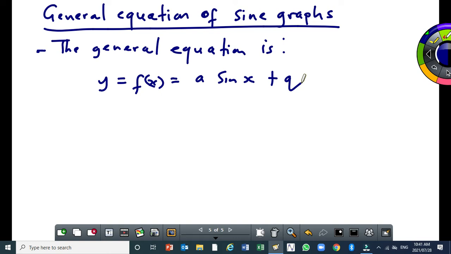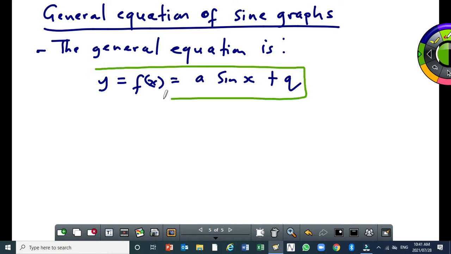Always remember that y is equivalent to f of x. They are the same. It's only that f of x is a new type of notation which we're not used to in the past, called function notation. That notation is the most common one used in mathematics in the FET phase when you are dealing with graphs or functions. So you need to make sure that you remember this.